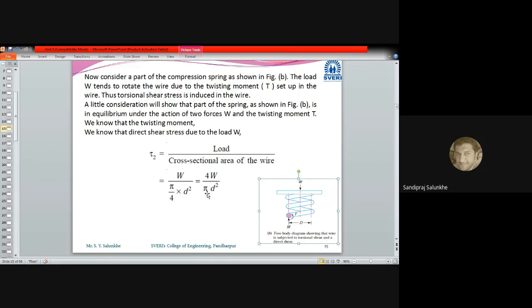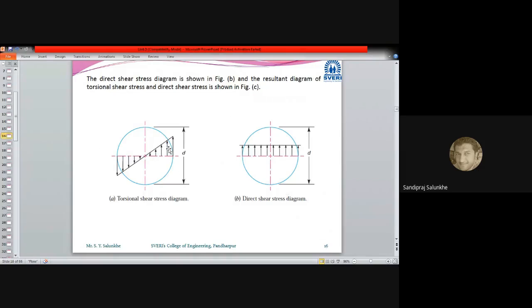That is 4W divided by pi d square. So we have calculated this tau 2, the direct shear stress.